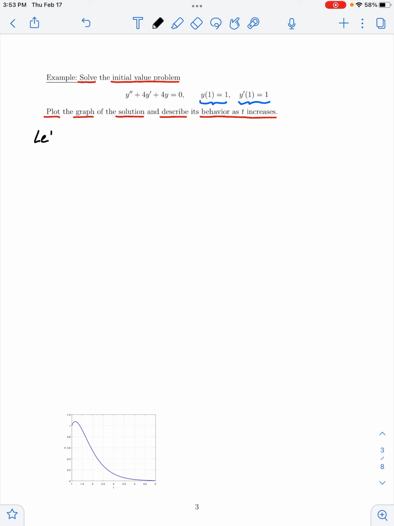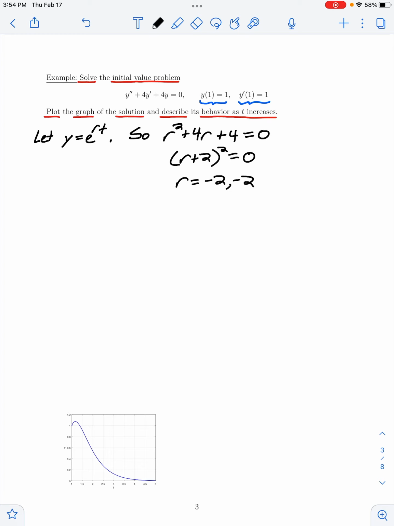We start by looking for solutions of the form y equals e to the rt power, which means that r is a root of the characteristic equation r squared plus 4r plus 4 is 0, which can be factored as r plus 2 quantity squared equals 0. So we find that we have a repeated root of negative 2.